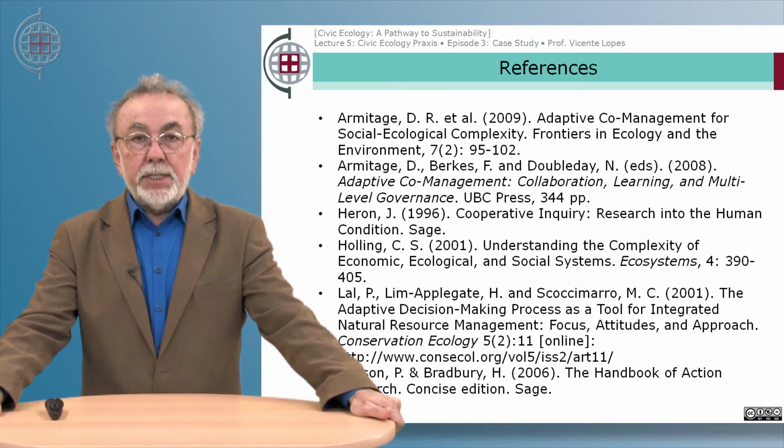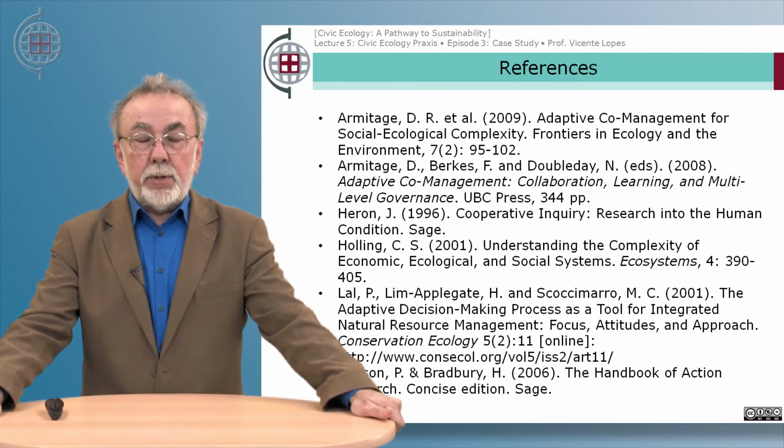The diagram that I presented here that was used to conceptualize the civic ecology project at the Cypress Creek watershed in South Central Texas was a modification of an earlier diagram presented by Dr. Lau and her collaborators in 2001.